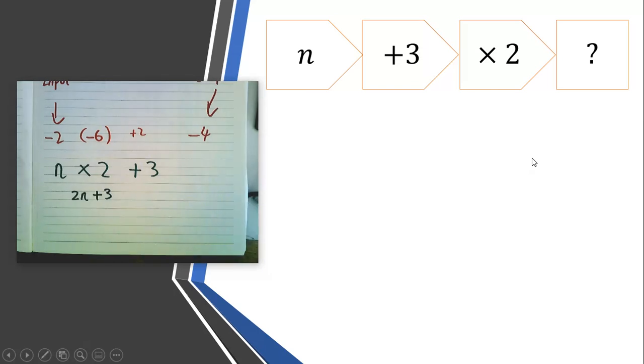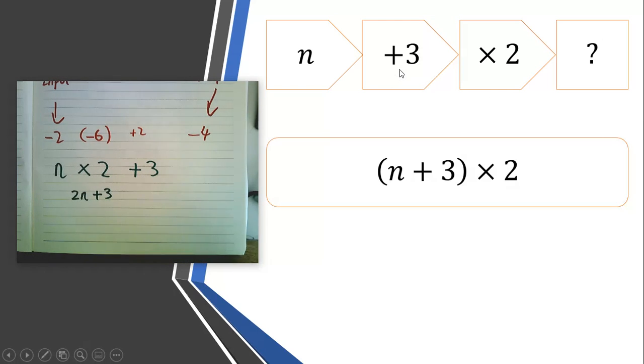Let's look at this slightly different example. n plus 3 times 2. So what's crucial here is we want to add 3 first. So for that reason, remember, we multiply before we add. So if we want to add first, we're going to have to make use of brackets.